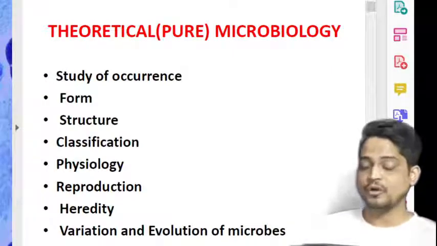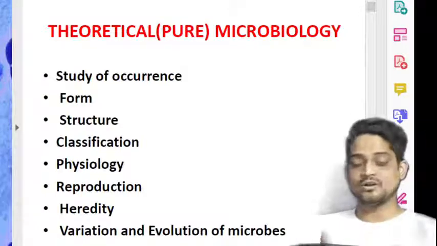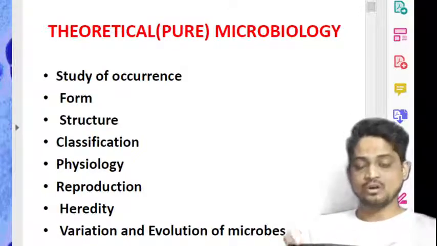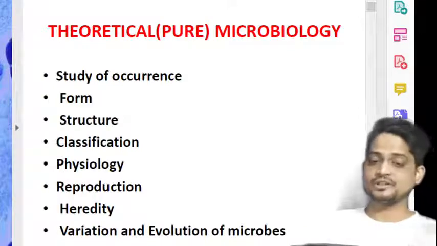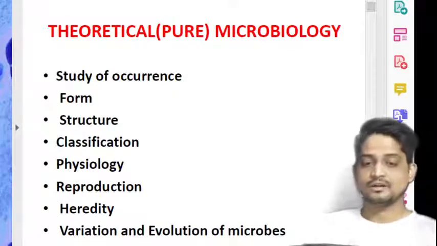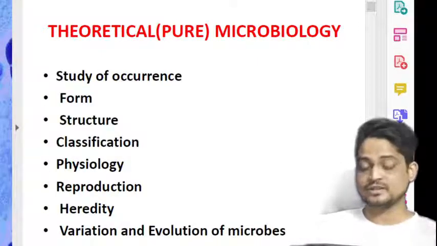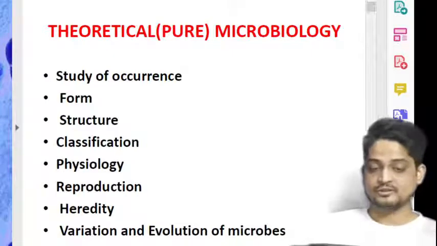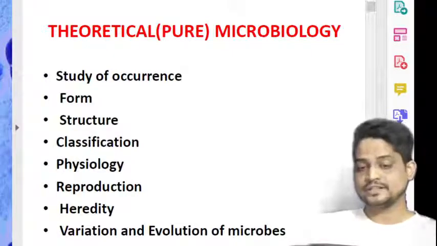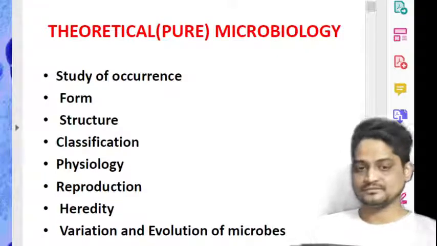Second point is form: what kinds of various alterations those species or organisms have. Third, structure. We study the structure of that organism with reference to previous organisms which are related phylogenetically, and then classify.